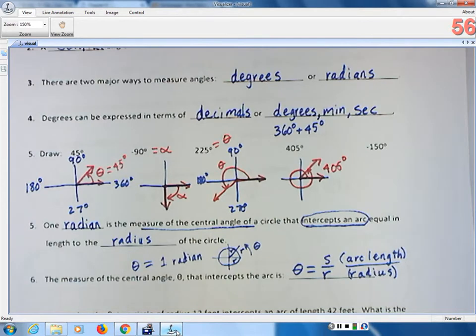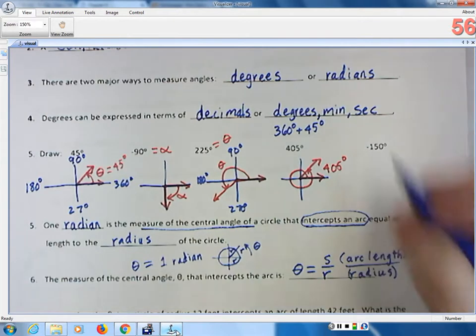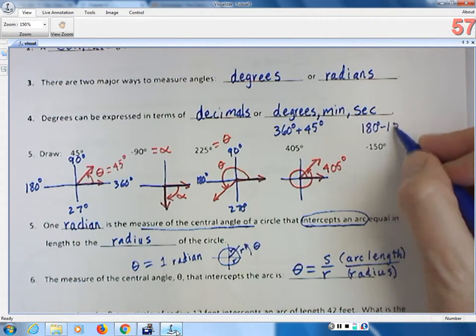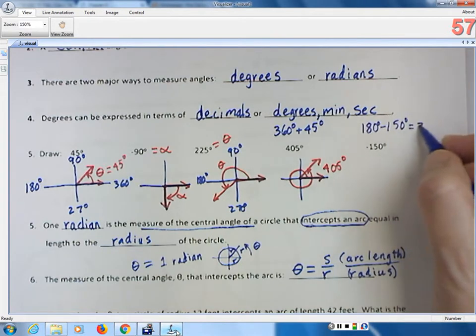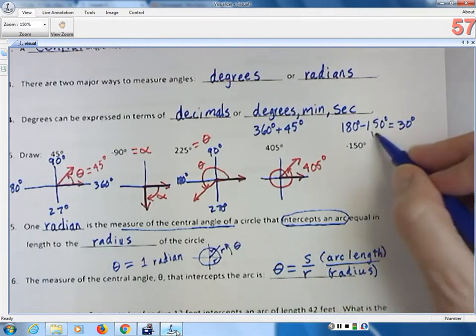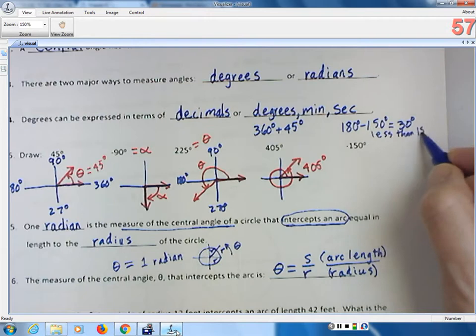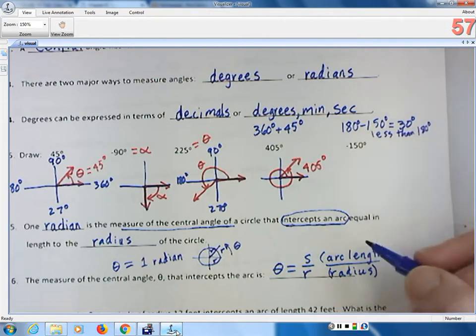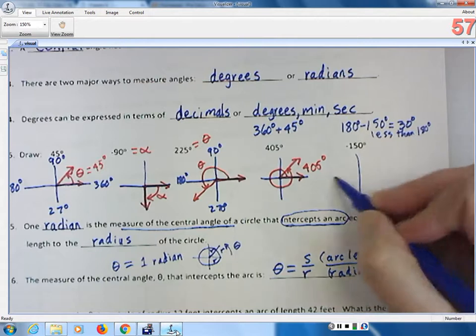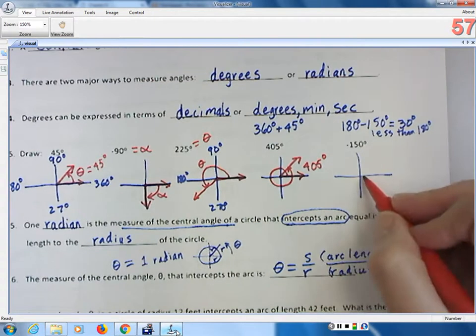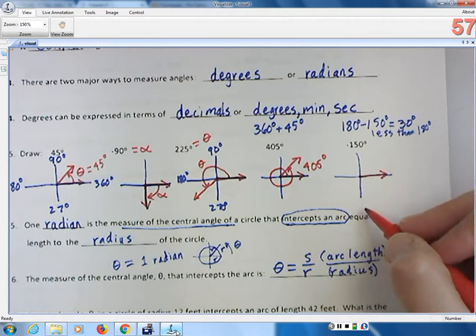Negative 150, well, 180 minus 150 degrees is 30 degrees. So it's going to be 30 less than 180. But it's a negative angle, so we're going to draw it. Start with our initial side, positive x-axis.